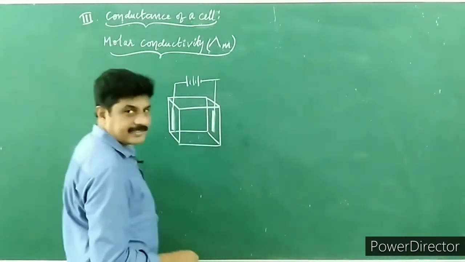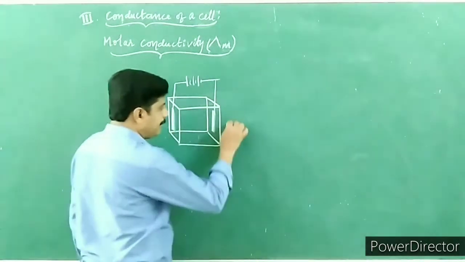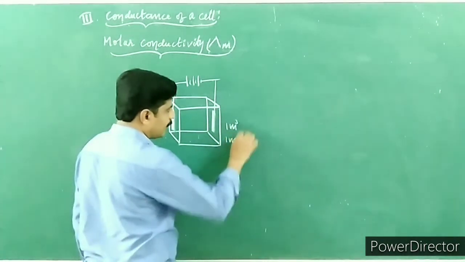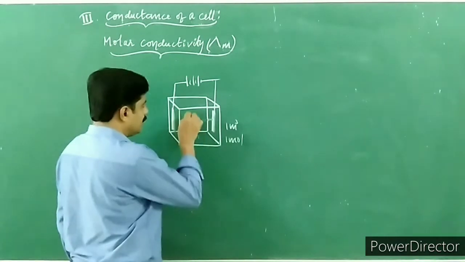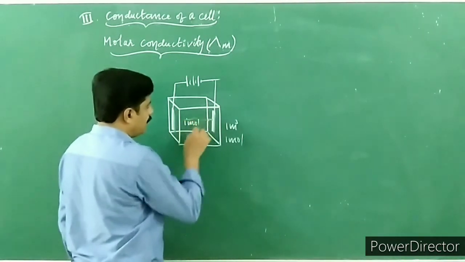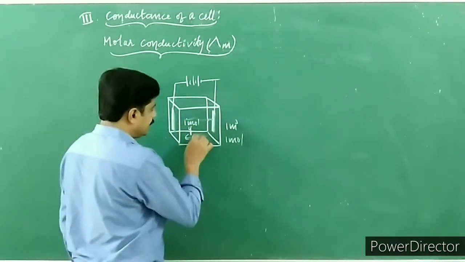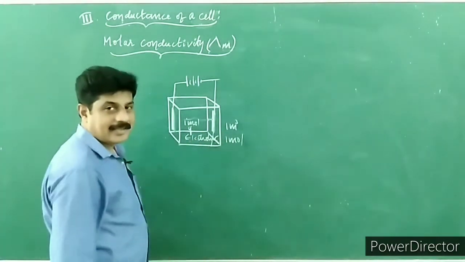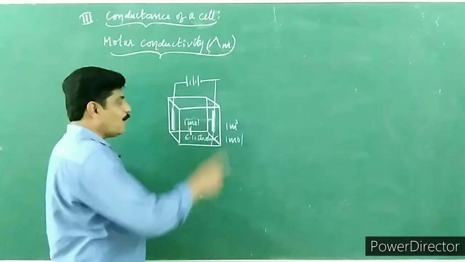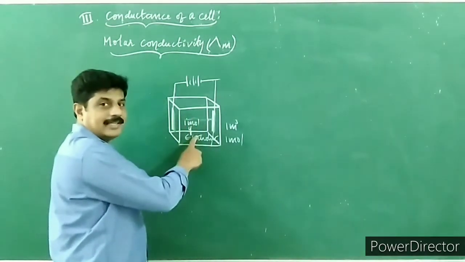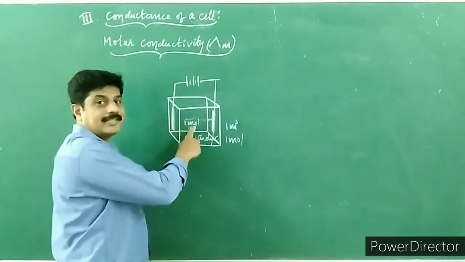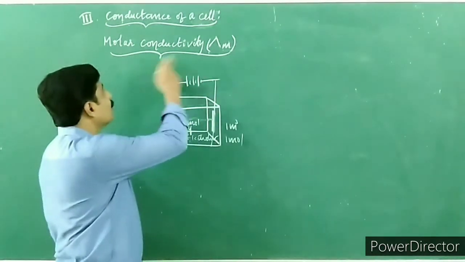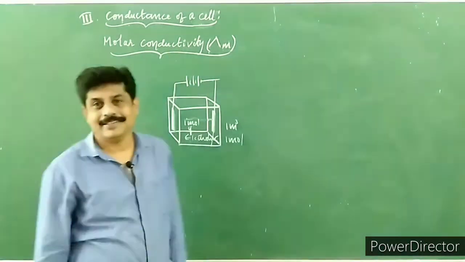In this electrolytic cell of volume 1 meter cube, I am going to take 1 mole of electrolyte dissolved in water. Look at here, 1 mole of electrolyte. Children, the conductance of 1 molar electrolyte in an electrolytic cell with the volume 1 meter cube is called molar conductivity.